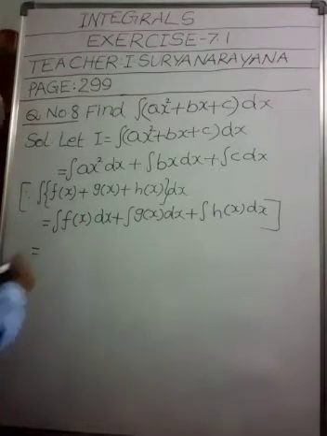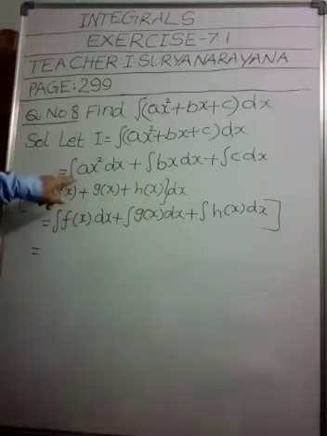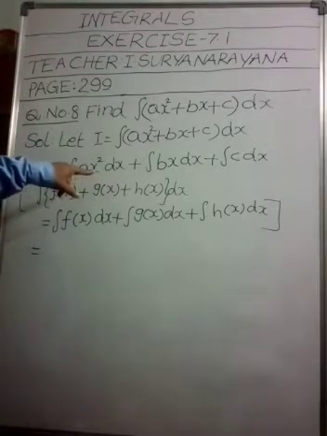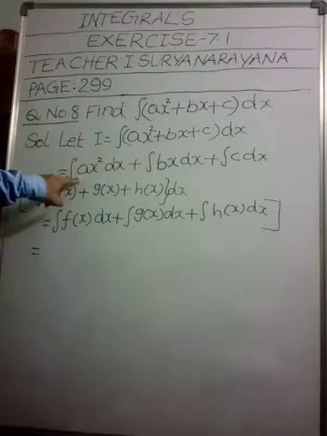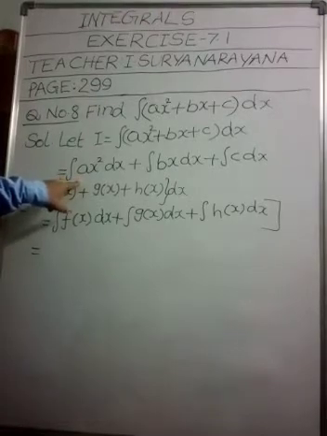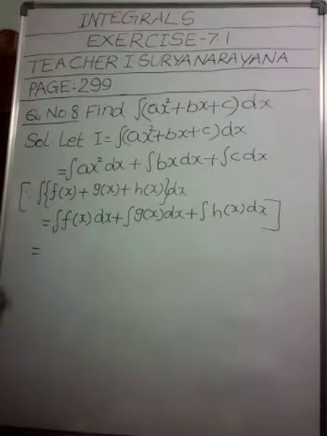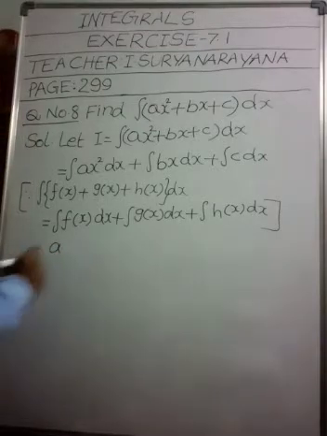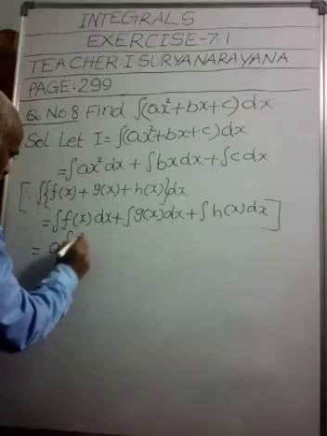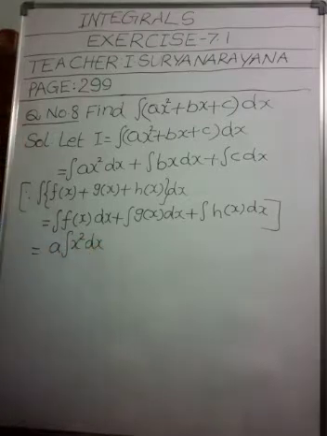That is equal to, now come to the first term, integral ax square. If you observe this integrand, here a is a numerical coefficient, so we can write it before the integral sign. So a integral x square dx.